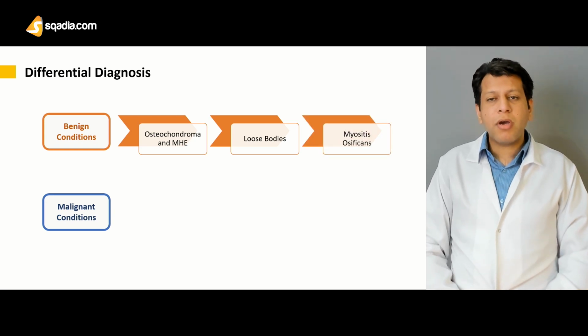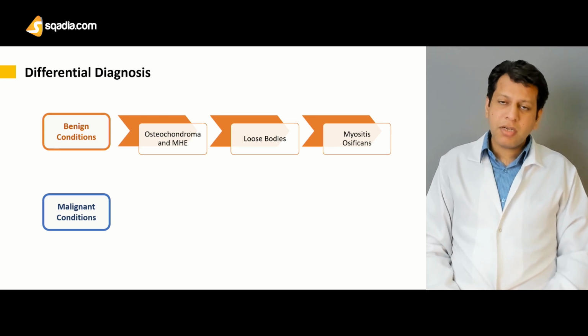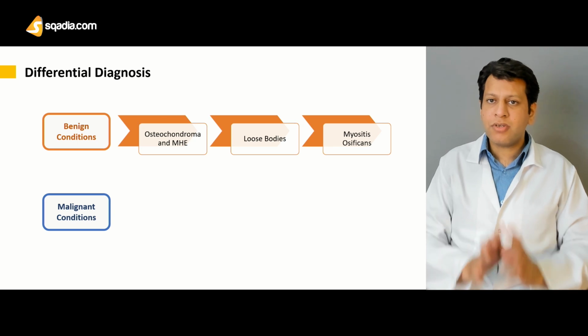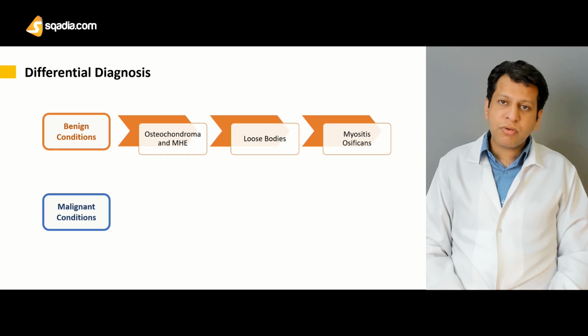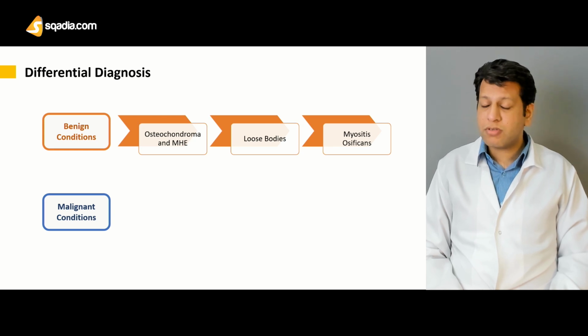And then comes myositis ossificans. Sometimes in a clinical history, it's easy to differentiate it from synovial chondromatosis, because if there is no history of trauma, then it's less likely to be myositis ossificans.